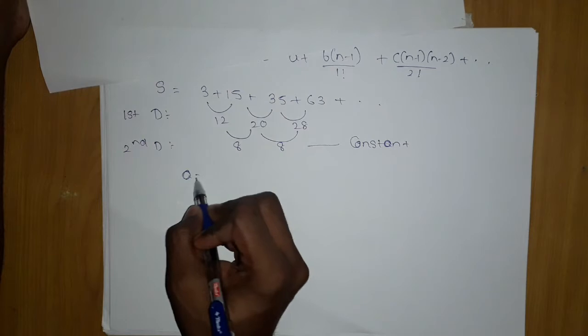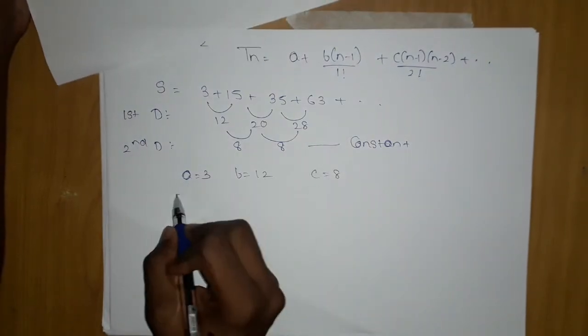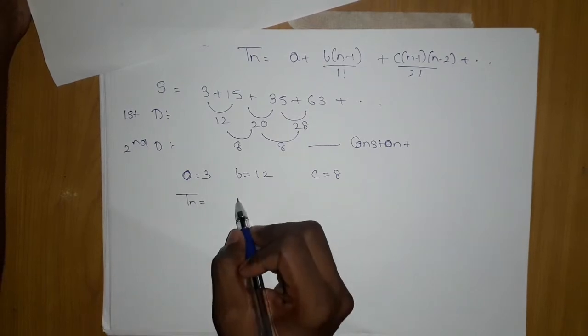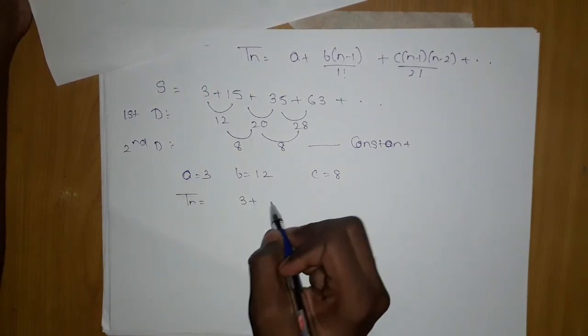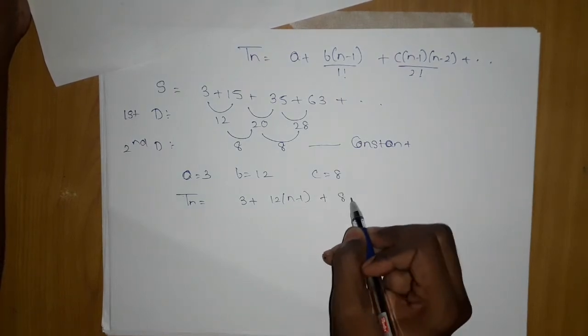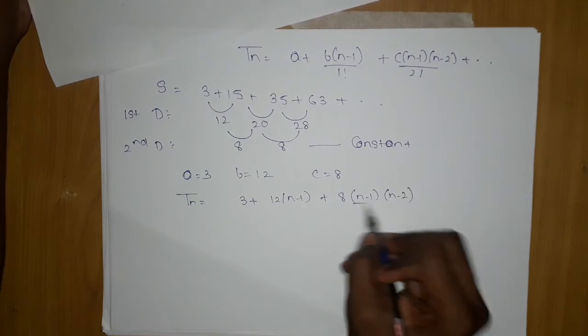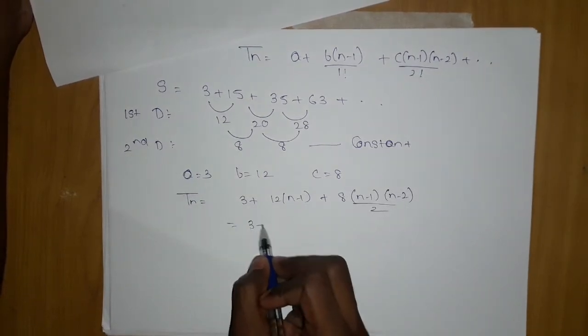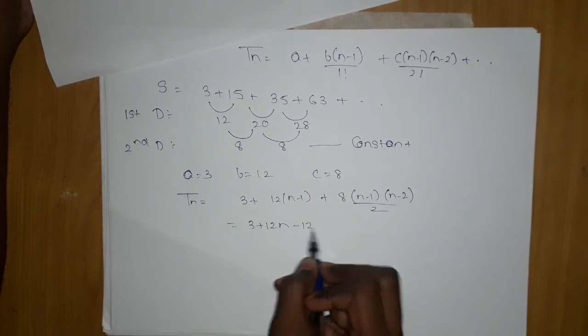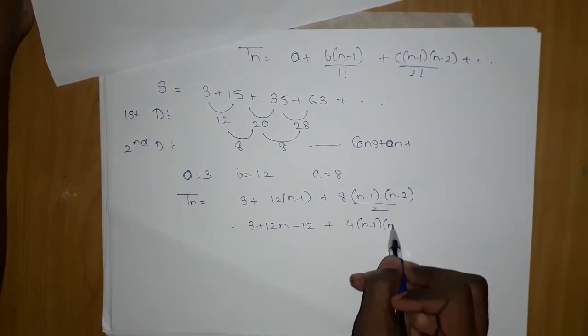A is 3, B is 12, C is 8. Tn is nothing but 3 plus 12 into (n minus 1) plus 8 into (n minus 1)(n minus 2) upon 2, which will give me 3 plus 12n minus 12 plus 4(n minus 1)(n minus 2).